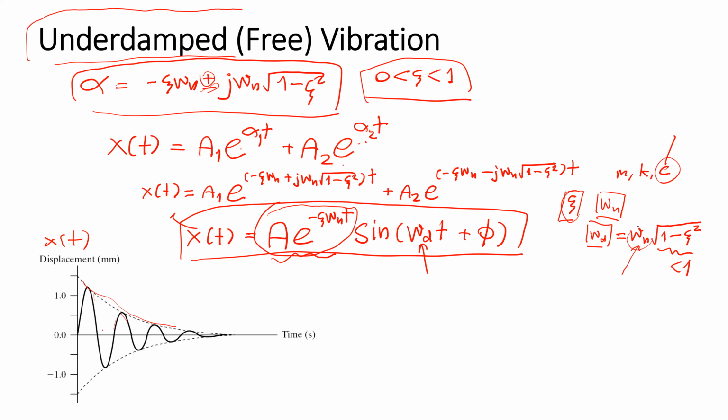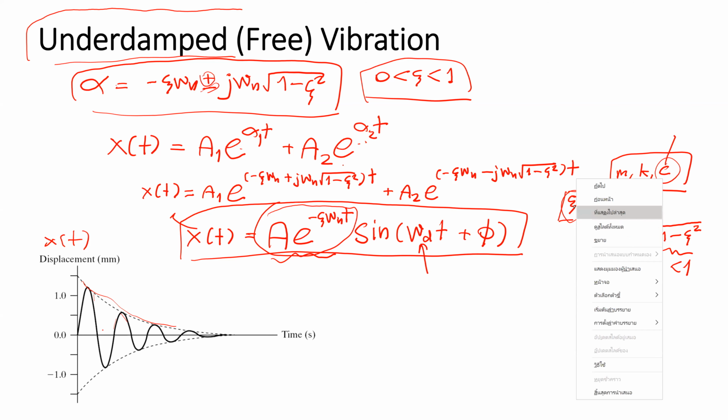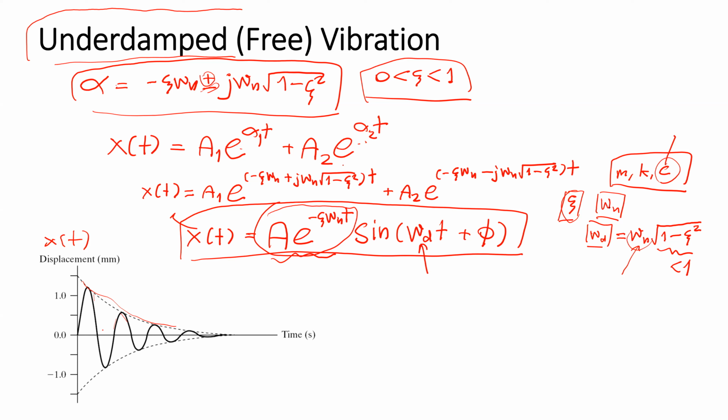So in this equation, if we know m, c, and k, we know the damping ratio, the natural frequency, and the damped natural frequency. But we still have two unknowns. We don't know the magnitude, and we don't know phi.